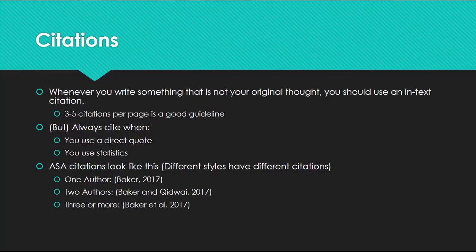Now let's talk about citations. Whenever you write something that is not your original thought, you should use an in-text citation. And in general, it's a good idea to have 3 to 5 in-text citations per page. That's not an absolute guideline, but it's a good guideline. Always cite when you use a direct quote.